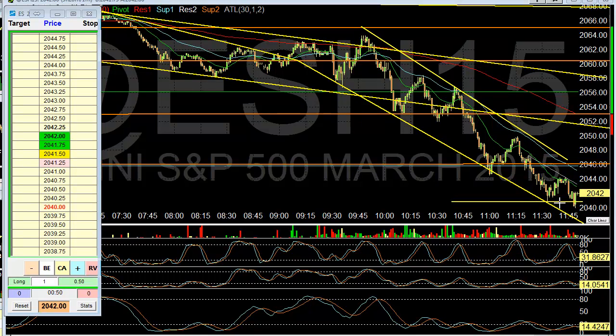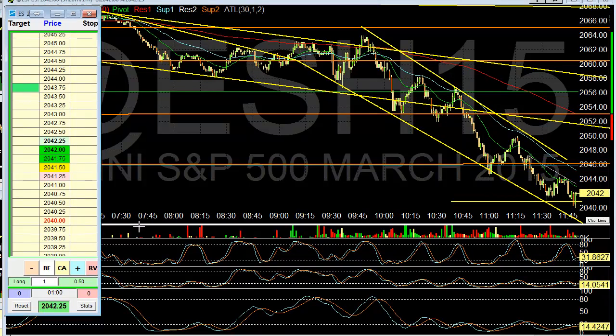So we're going to let this go and see how far we get. Now we could actually make a move back up here to the 50-period moving average, get this back above 44. We'll throw a profit projection up here at about 43.75, just in case we get a fast pop. And you can see a little higher low coming in.